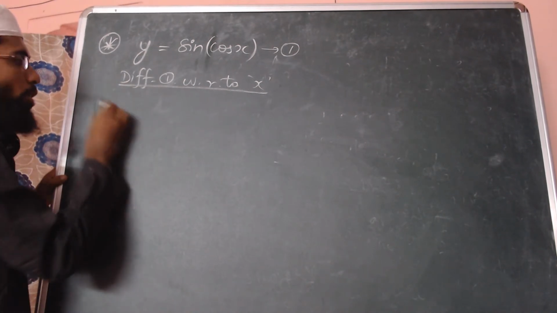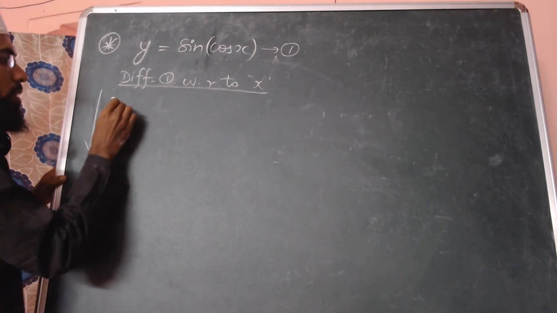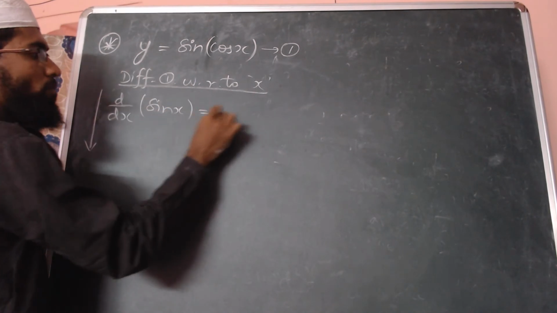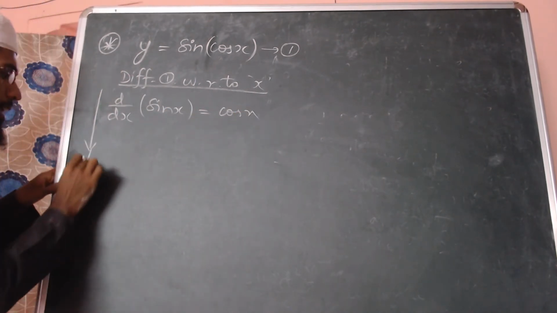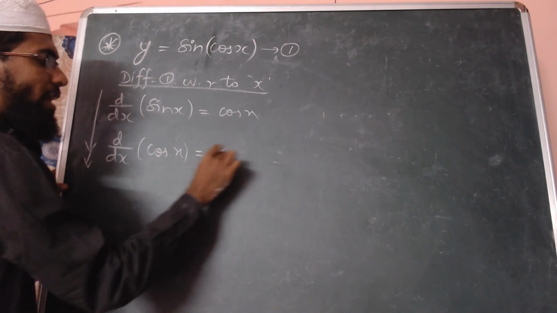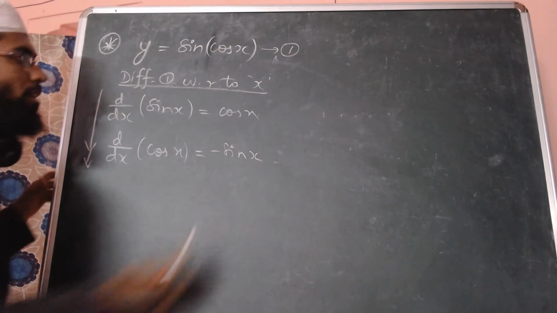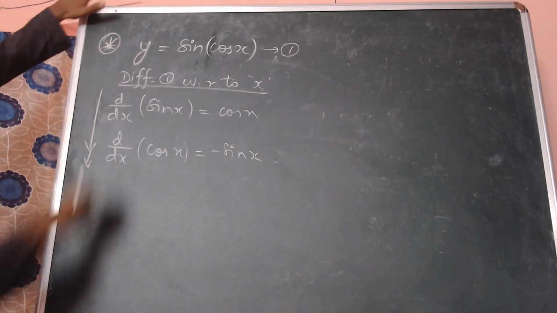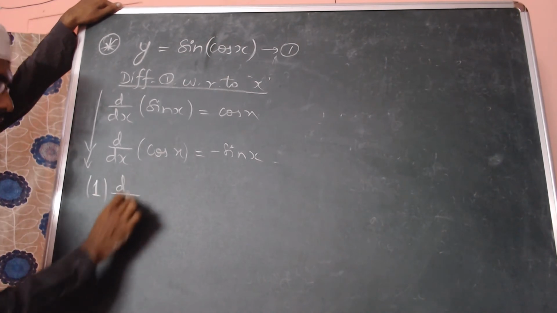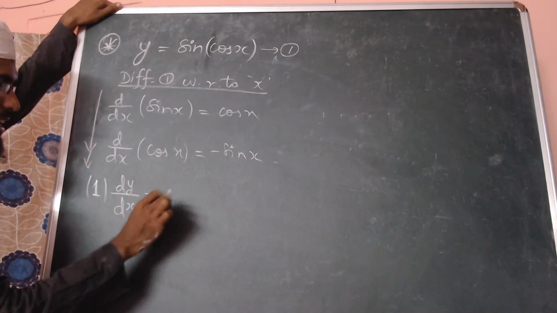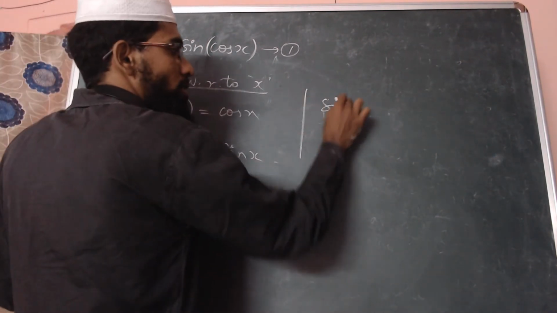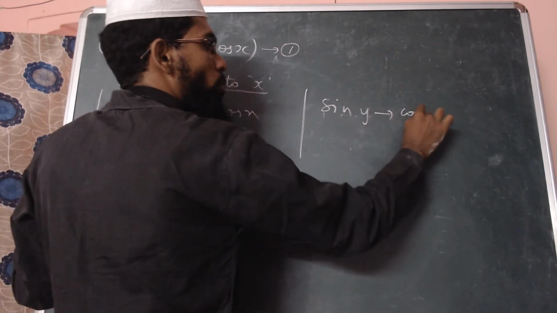The formula that I am going to use here is: the derivative of sin x is cos x, and the derivative of cos x is minus sin x. Now if I differentiate equation 1 with respect to x, the derivative of y is 1 d by dx. On the right hand side, the derivative of sin x is cos x, so the derivative of sin y will be cos y.